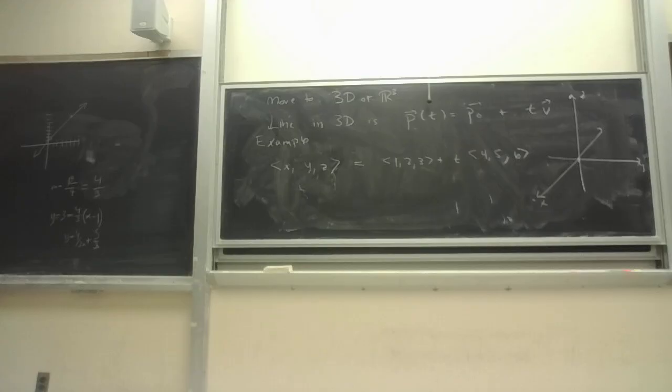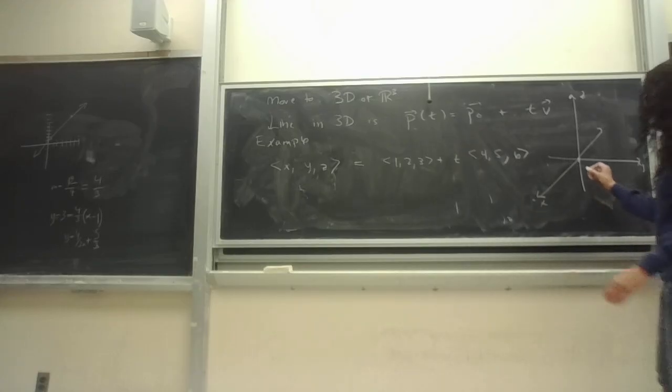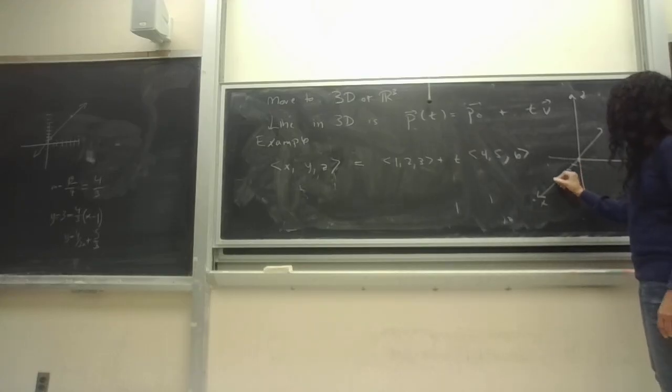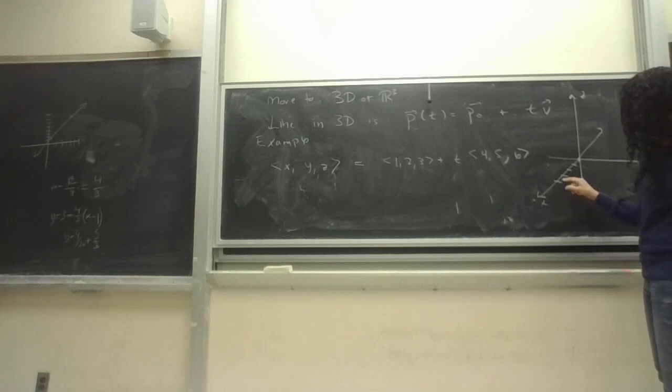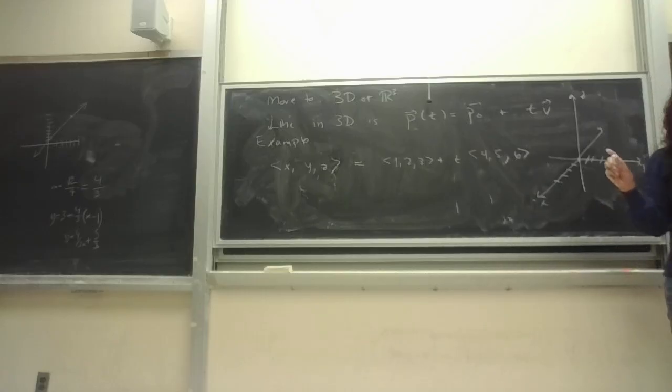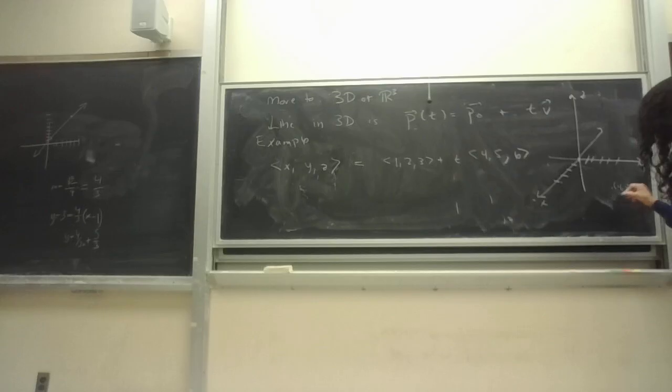When I draw this on the blackboard, it's really good that I have a movie of it. And this point on the floor would just be the 4, 5, the location of that point.